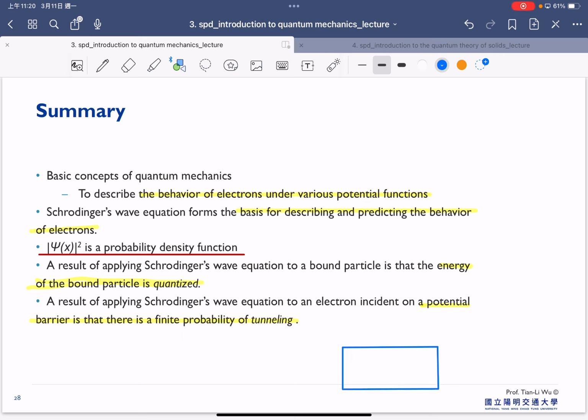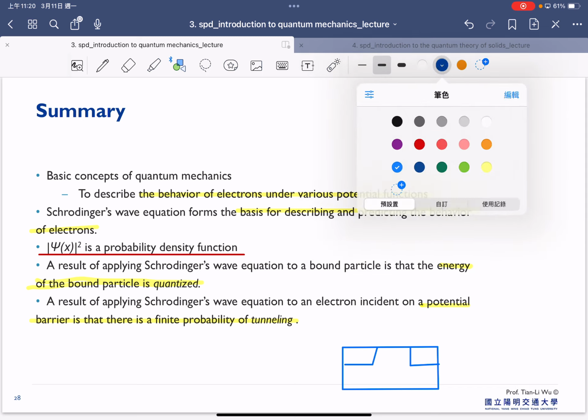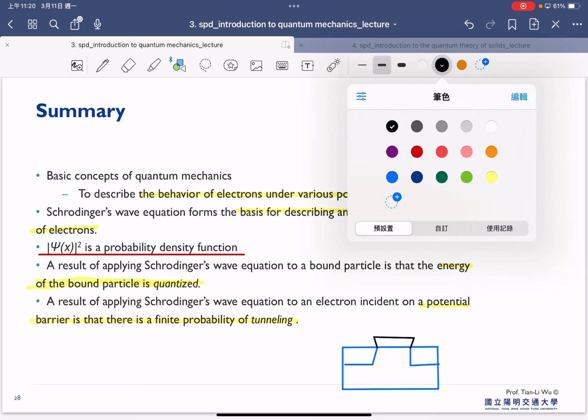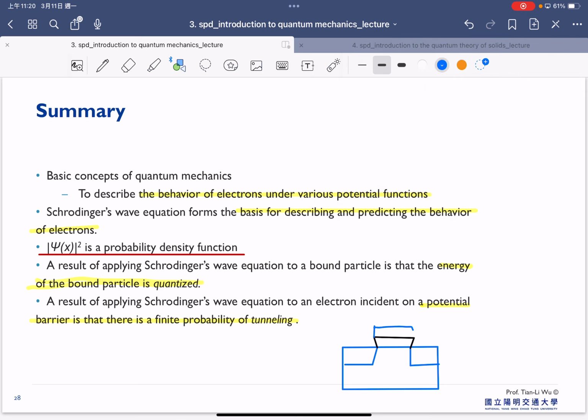We all know this is a MOSFET structure. So this is a MOSFET structure here, and we have the source and drain here.